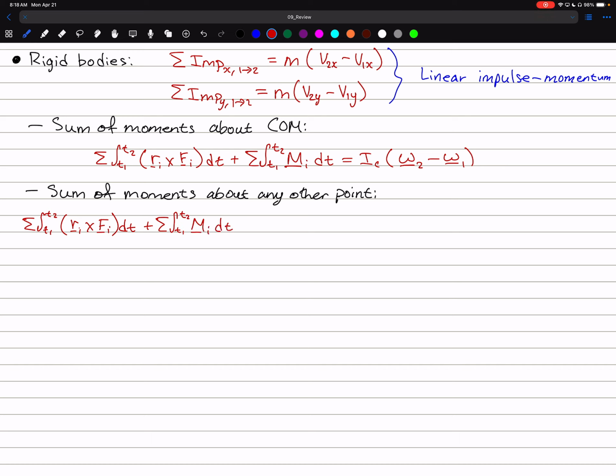That doesn't change. In the first term, the expression didn't change, but the position vector r sub I does change, because now you're looking for a different point. And then the angular momentum does change.